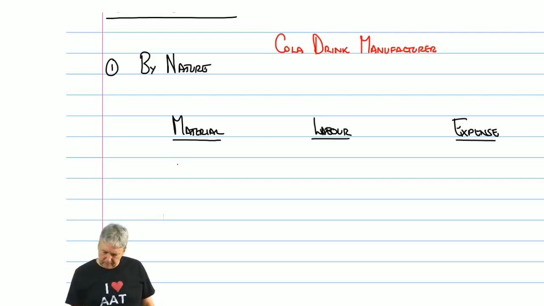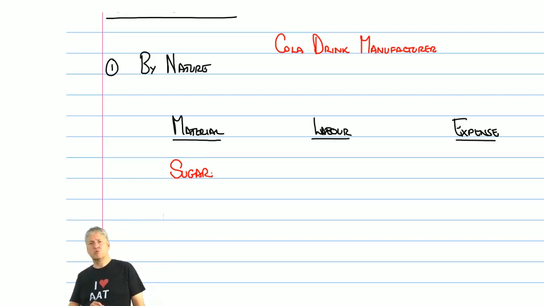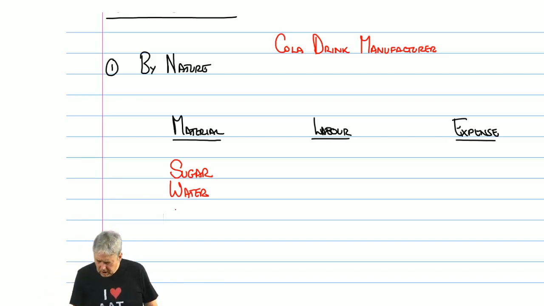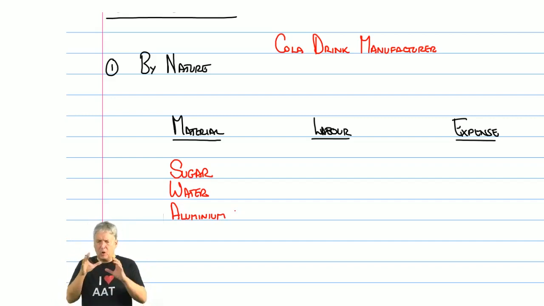Well, presumably lots of sugar, to rot the teeth of everybody who drinks cola. Anything else? Water? Presumably they put it in tins or bottles, so should we say that we've got aluminium to make the tins, or cans, whatever. So we've got those sort of materials.